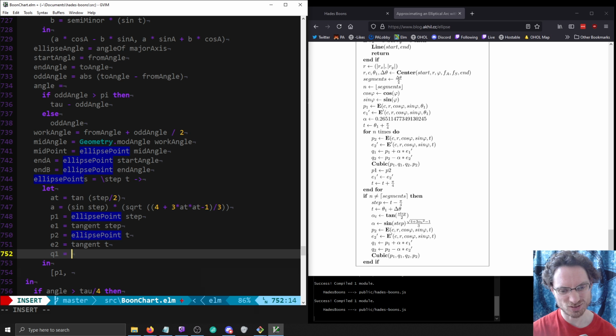The P1, P2 is going to be an add or a sub, and that's going to kind of matter in how we do our geometry operations.